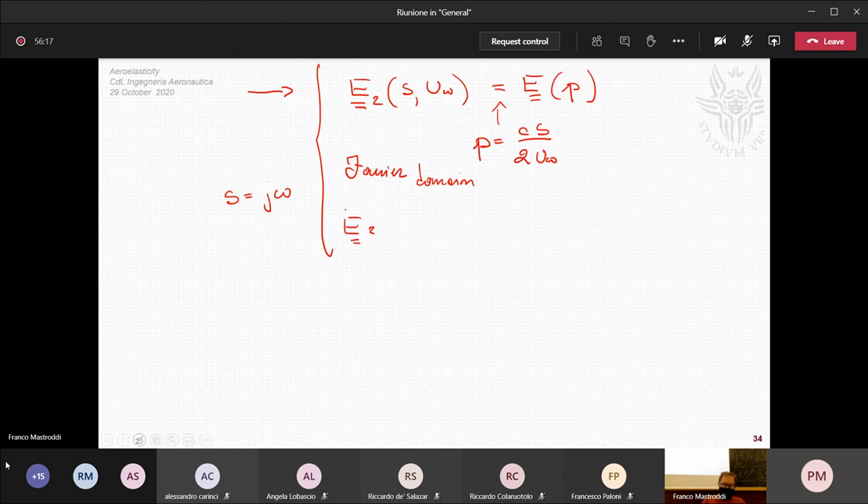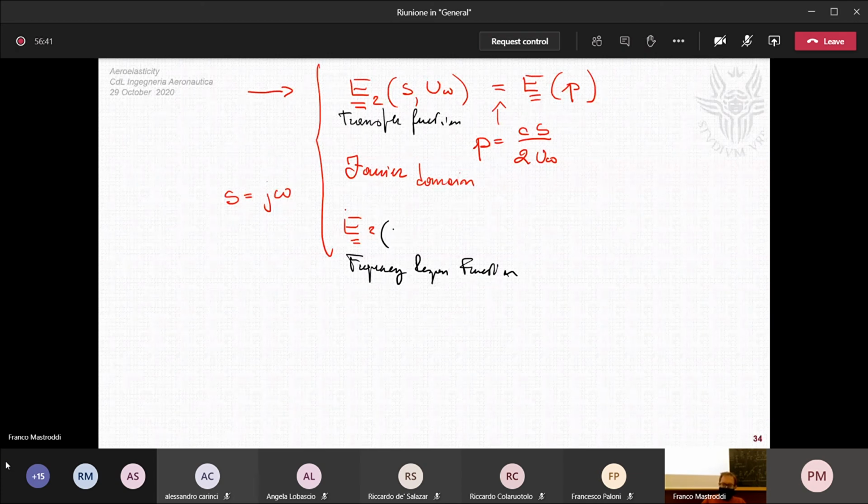You have a transfer function here in the Laplace domain, and you have a frequency response function here, which is a function of omega and U infinite.